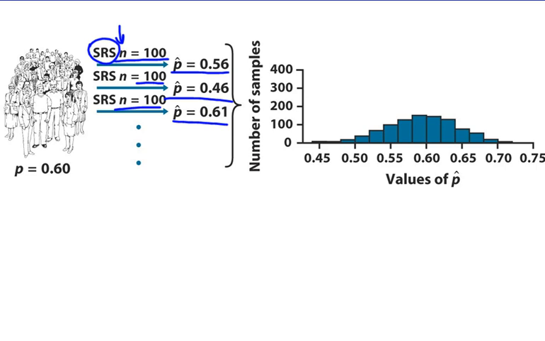Notice that every sample they took, they got a different answer. Their p hat is different for every sample, and it really should be, because it's a random sample. You don't know what you're going to get. When they looked back on the data later and could actually tell who bought lottery tickets, it turned out the parameter is 60%.